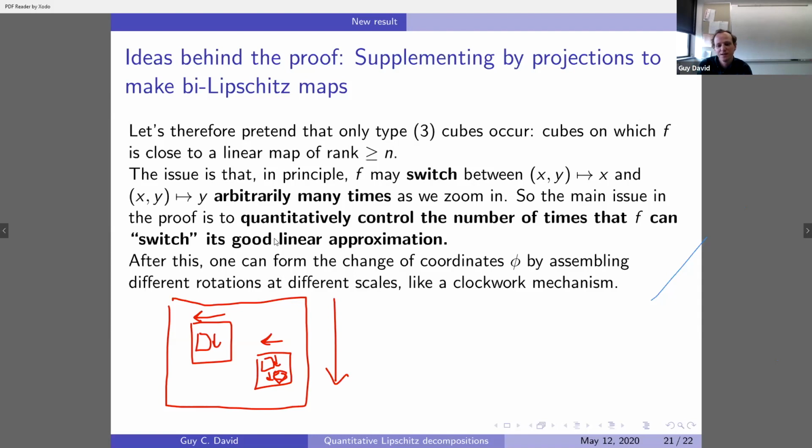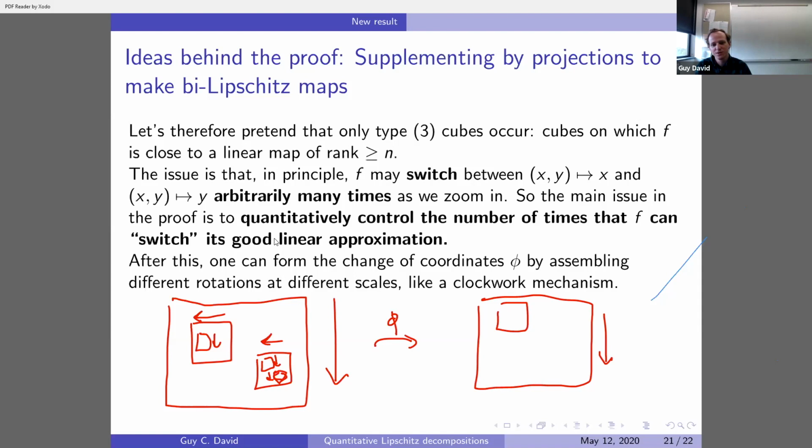Okay. And so what your mapping phi does is you want to apply different rotations at different scales, so that all these arrows actually point downward, right? So that the new mapping is well approximated by the downward projection at every scale. So at the top scale, I do nothing because it's already close to the downward projection.